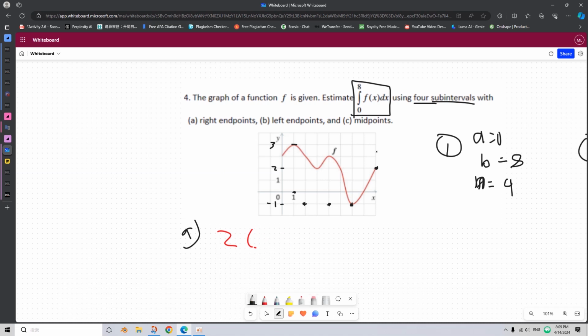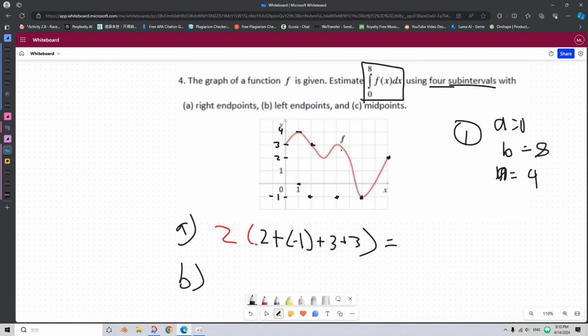So we just put 2 times negative 1, plus, wait a second, no, this is 4 at the top. So this is 3, this is 4. So plus negative 1, plus 3, and plus 3 again. And that is our answer for A.